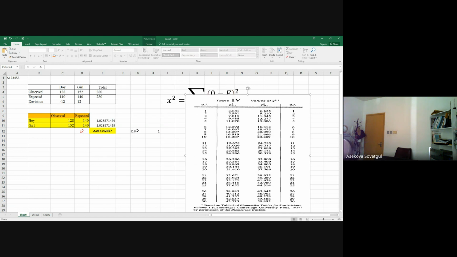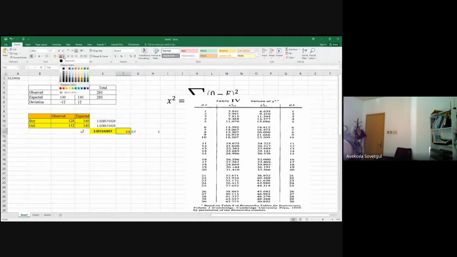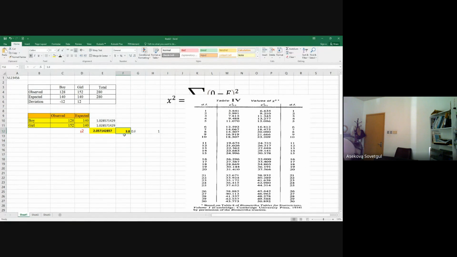So we have 3.8 for degrees of freedom 1. So what will be our statement, our inference at the end? Our obtained chi-square value is less than 3.8, right?